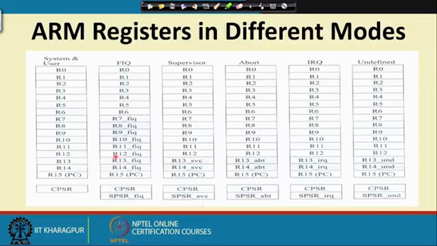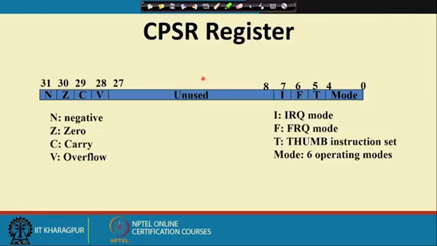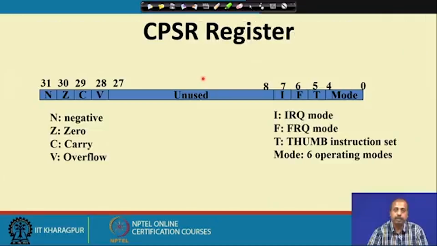Whenever you come to a particular mode, the previous CPSR register is saved automatically into the corresponding SPSR register. While you are going back, you can copy this SPSR register onto the CPSR back and continue. That way we have a large number of registers in this ARM processor, which helps us to write programs using the register file, so that the programs will be faster.